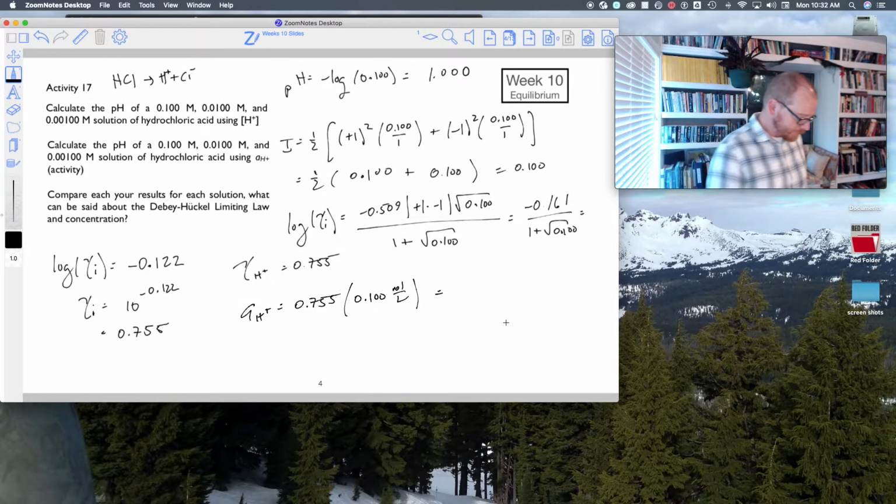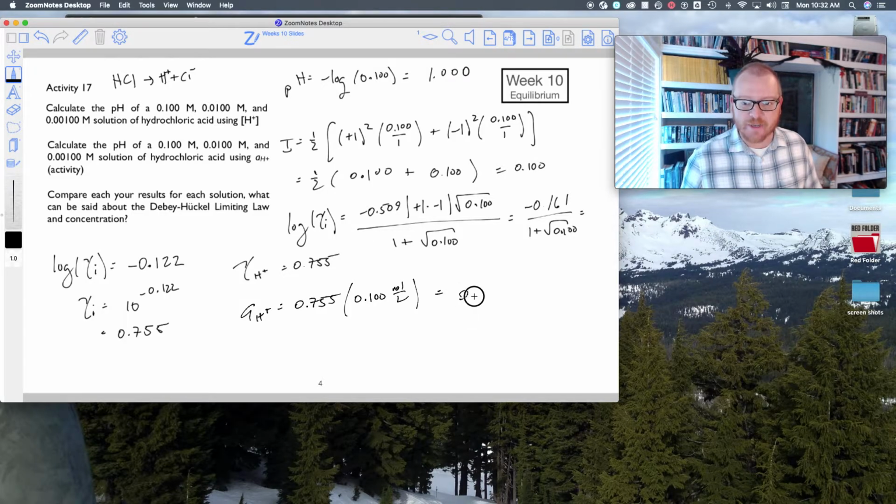Okay. And so technically we drop out the units because really it's divided by standard activity. So we don't worry about units in activity. We drop the units, okay? So that's 0.0755.